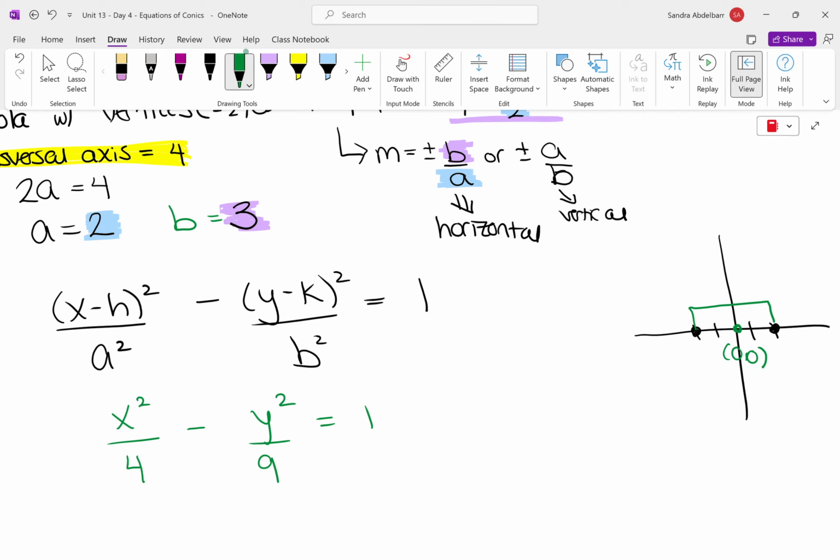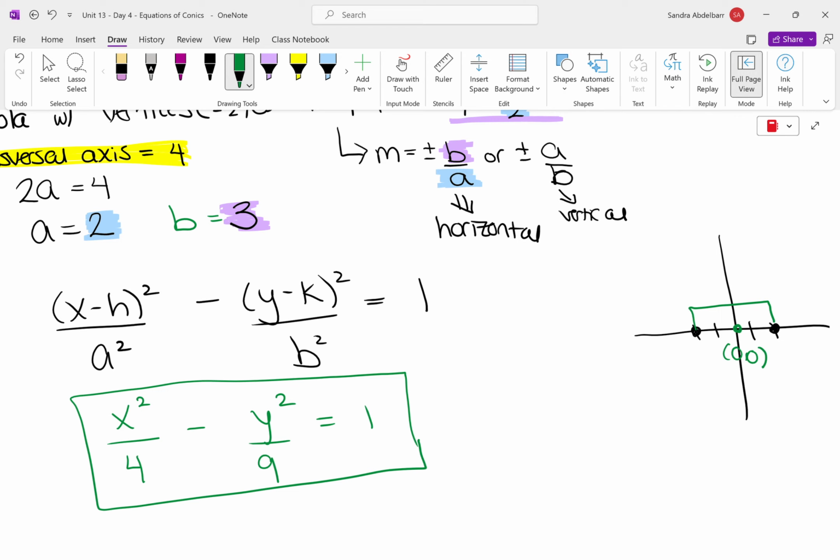So here we have x squared over 4 minus y squared over 9 equals 1. How did you know that b wasn't negative because the asymptote was like plus or minus 3? It doesn't matter because when you take +3 or -3 and you square it, it's 9.